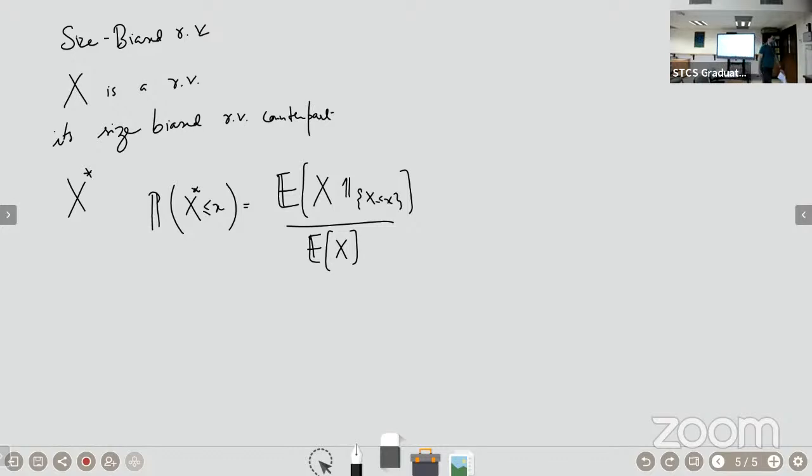Can you compare x and x star anyway? The numerator is probability x equals little x, right? So it takes value x only when x is equal to little x. Otherwise, it's zero.